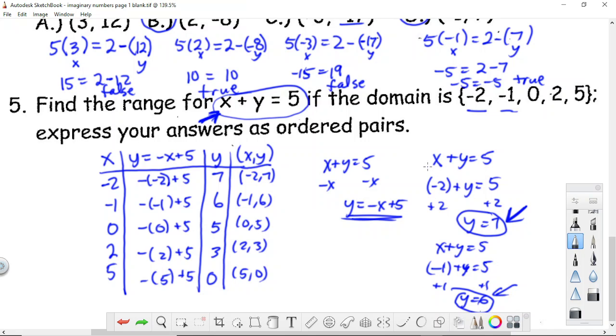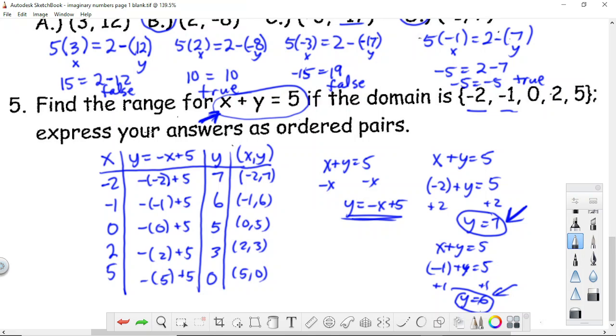So I wouldn't be too surprised if you have something like that on the quiz. It'll be a different equation, so the steps to solve it for y will be different, but you may have one you have to solve for y.